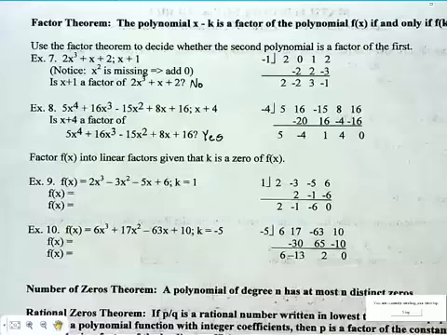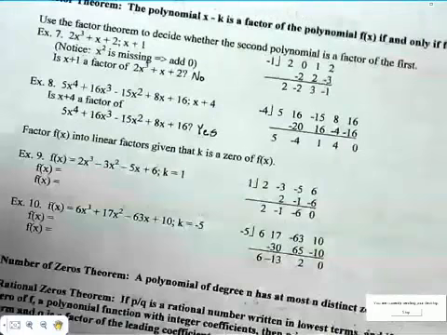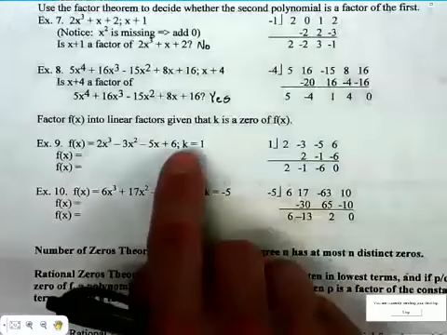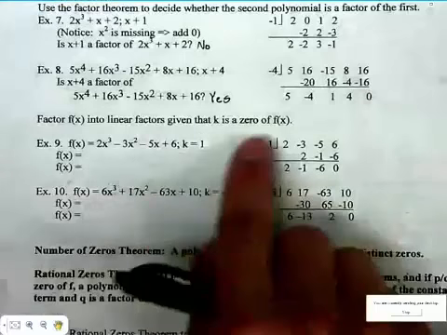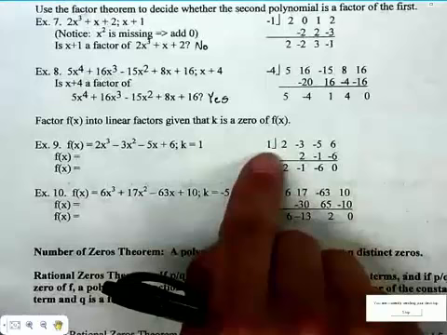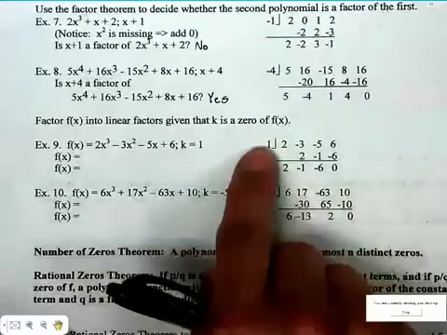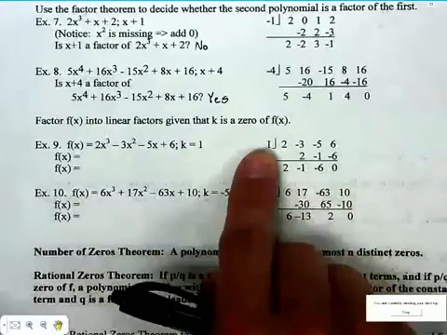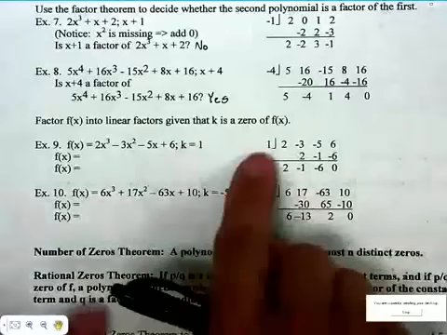But I was given k equals 1, and that's why I have 1 in the box. What does that mean I'm actually dividing by if I have a positive 1 in the box? X minus 1. X minus 1 is the divisor.